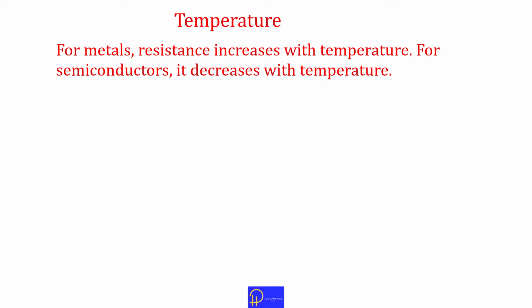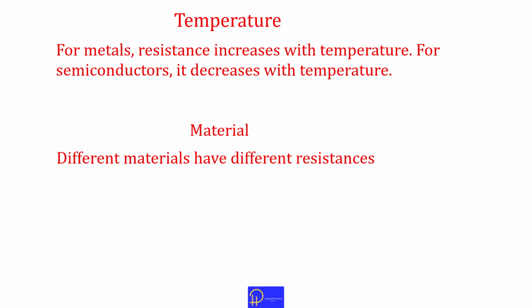These collisions cause resistance and generate heat. Heating the metal causes more electrons to vibrate. As a result, the moving electrons collide more with atoms and electrons inside a metal or conductor, and this causes more resistance to the flow of current.